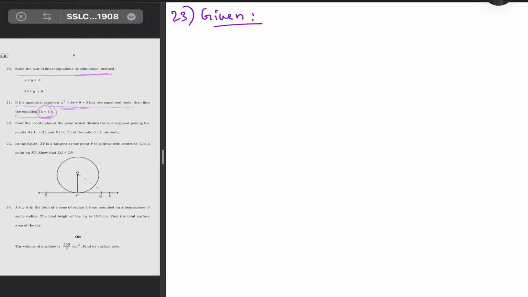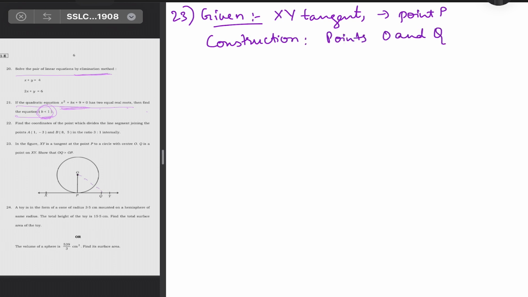What is given? XY is a tangent which touches the circle at the point P. Construction: we are supposed to join points O and Q. So, coming to the proof, considering a triangle OPQ, after the construction we can say that angle OPQ is equal to 90 degrees.